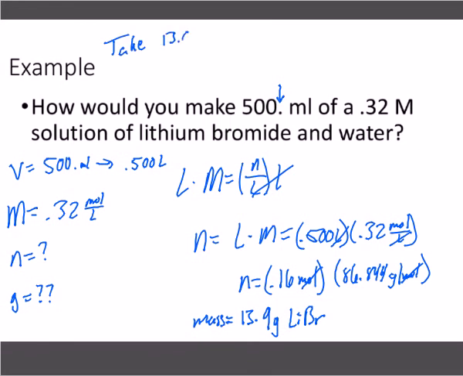Take 13.9 grams of lithium bromide and add, now are we going to make a liter of this solution though? We're making half a liter, right? But that's essentially the same thing. And add to 500 mils or 0.5 liters of water.